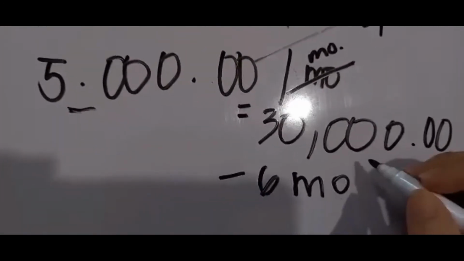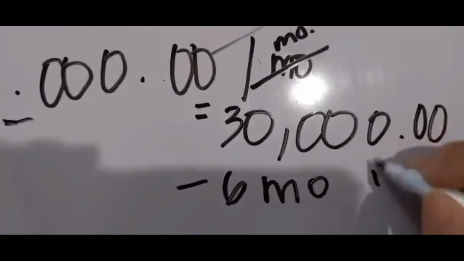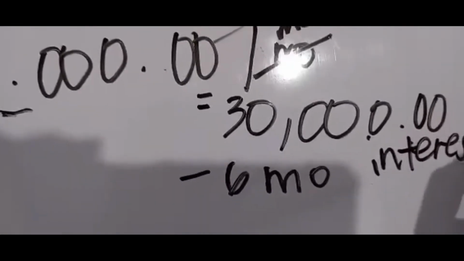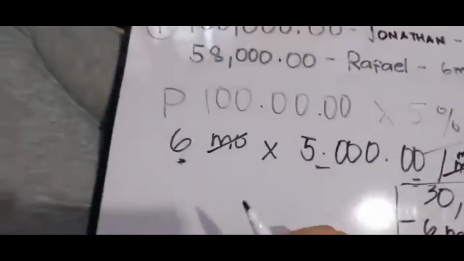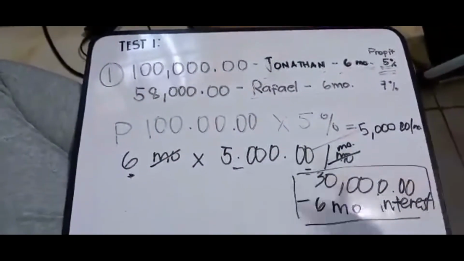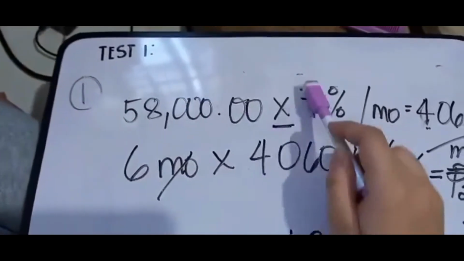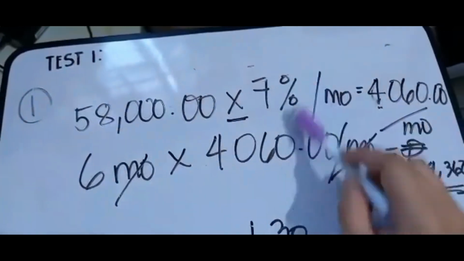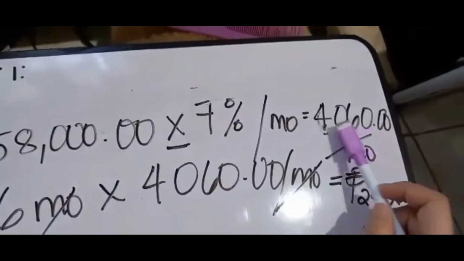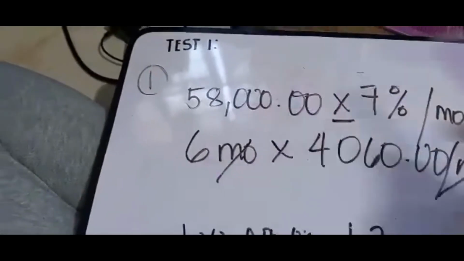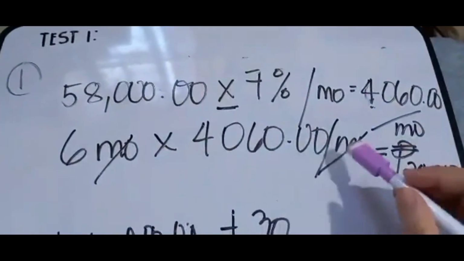6 months interest. So we have 58 times 7%, divided by month. So it will become like this: 406.00, and then 6 months times 406.00, divided by month.